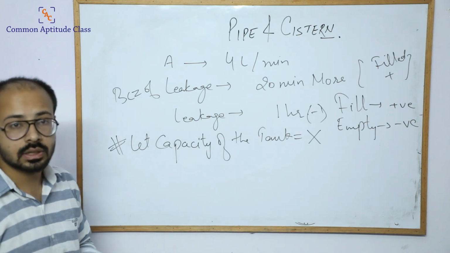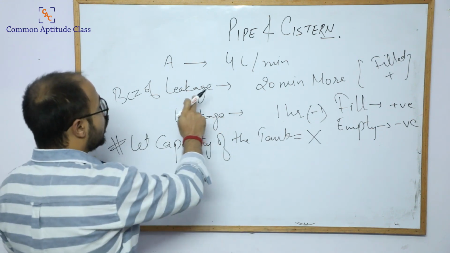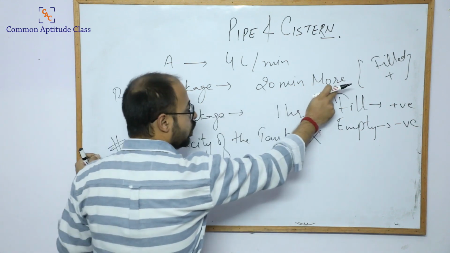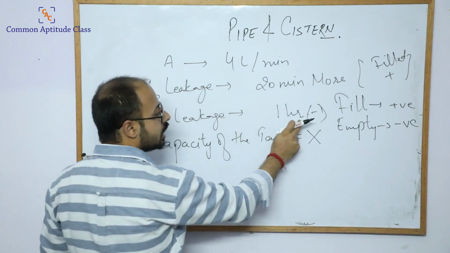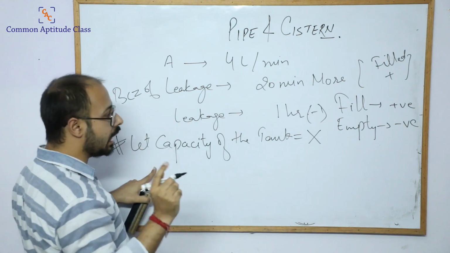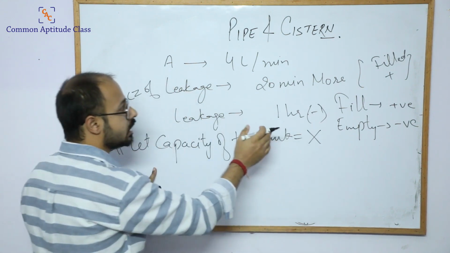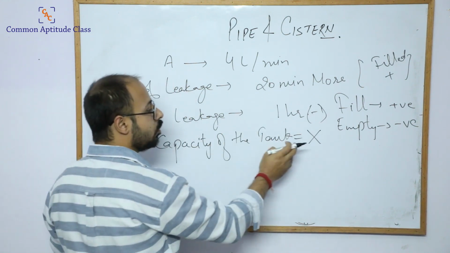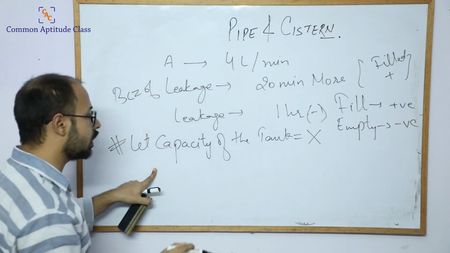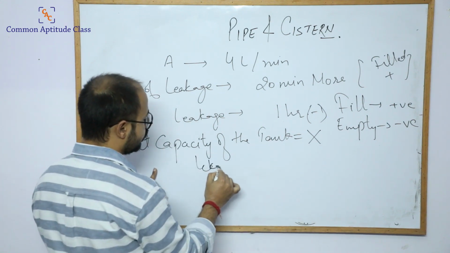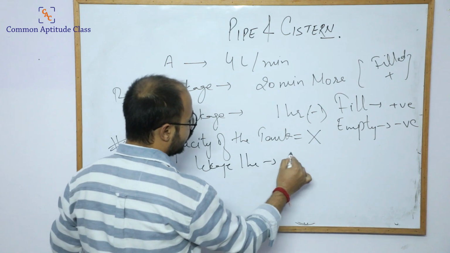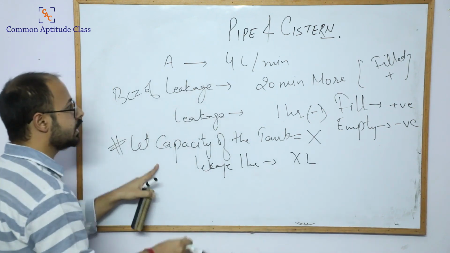So how can we do this? Now, leakage alone takes 1 hour, and with the filling it takes 20 minutes more. So in 1 hour, leakage will remove X liters, the full capacity.